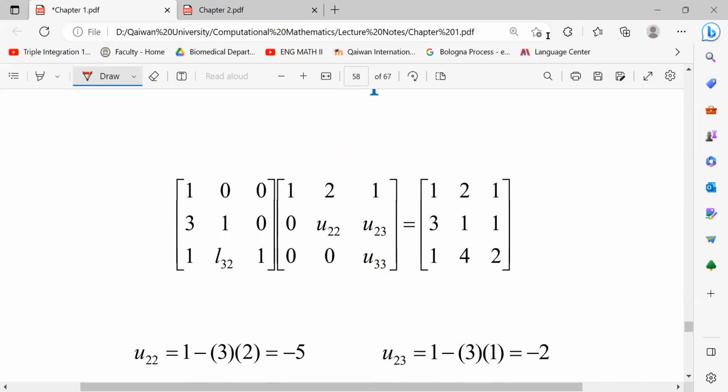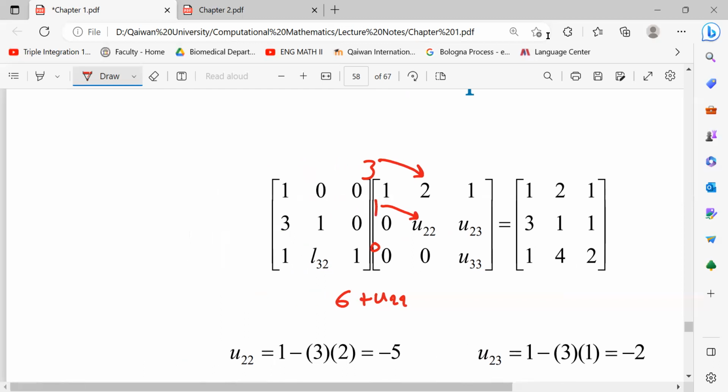If we multiply 3, 1, and 0 by the second column, 3 times 2 is 6, plus 1 times U22 is U22, 0 times 0 is 0. What do we get in this multiplication?